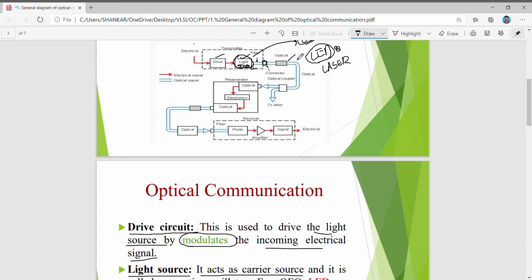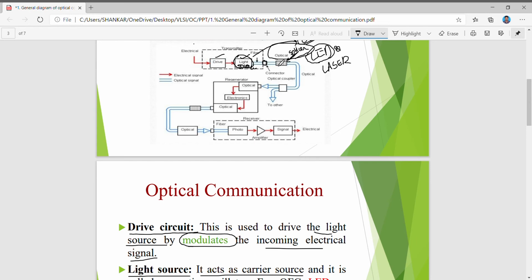This part is represented as the optical splicer. The optical splicer is the same as welding.